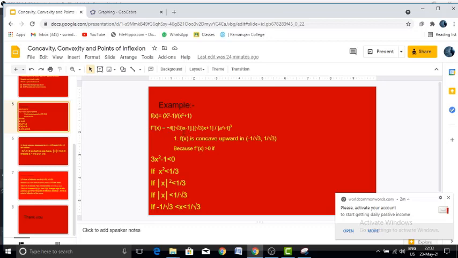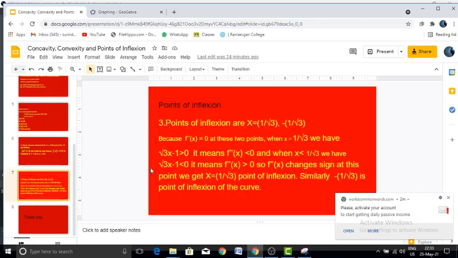Similarly, when x is less than 1 by under root 3, we will get the double derivative as positive. It means the double derivative changes sign at x equal to 1 by under root 3. So this is a point of inflection of the curve. Similarly, at x equal to minus 1 by under root 3, there is a point of inflection of the curve.